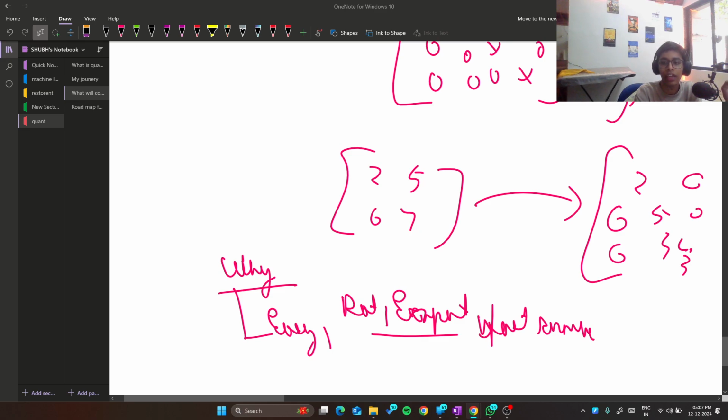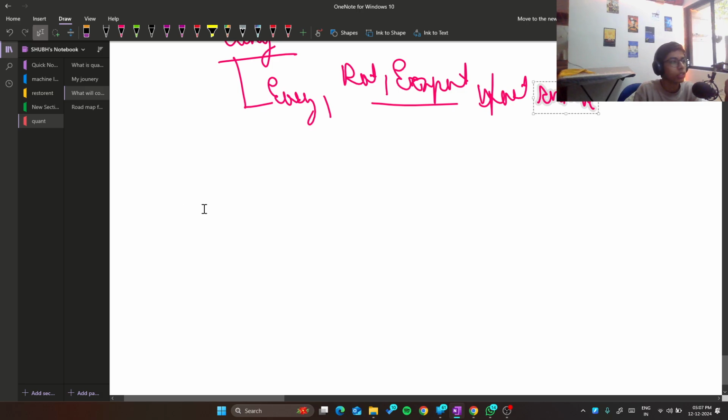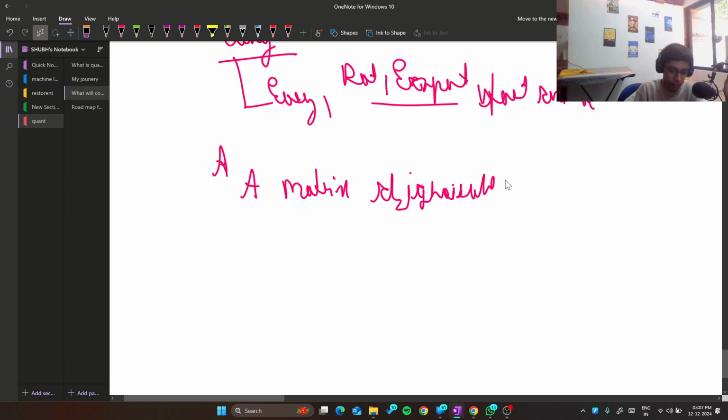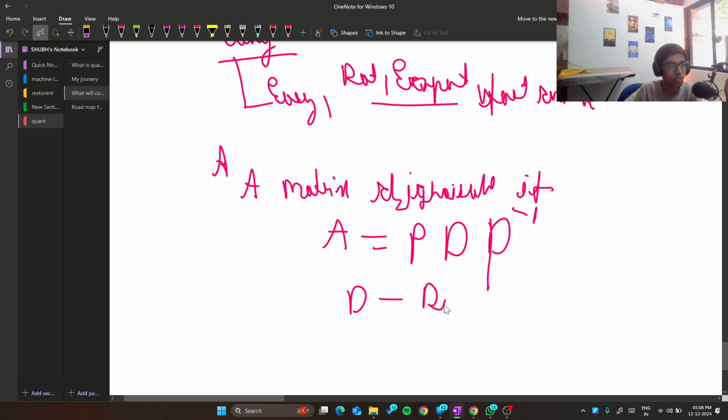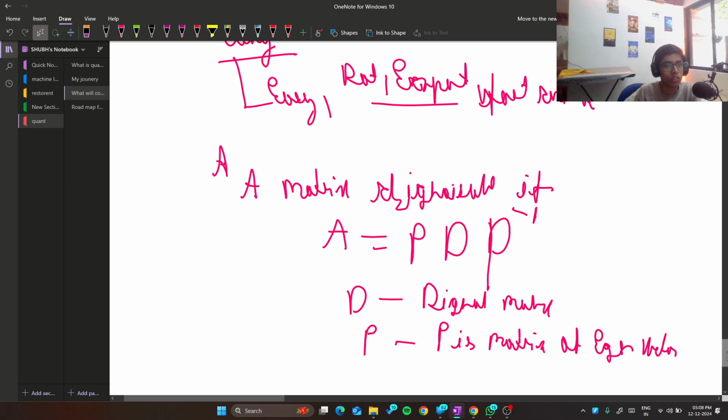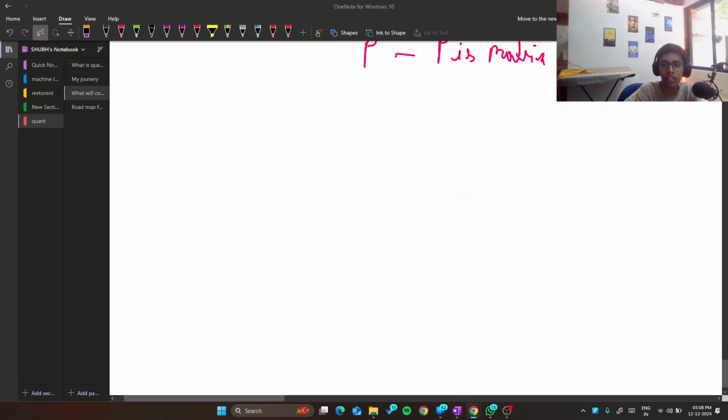You have to remember that a matrix, let's say matrix A, is diagonalizable if it can be written in the form of A equal to P D P inverse, right, where D is a diagonal matrix and P is a matrix of eigenvectors.